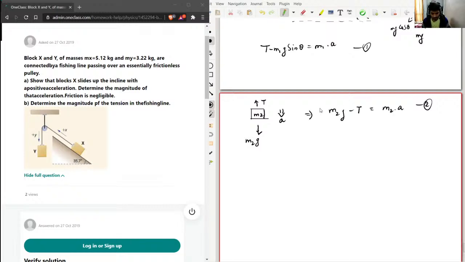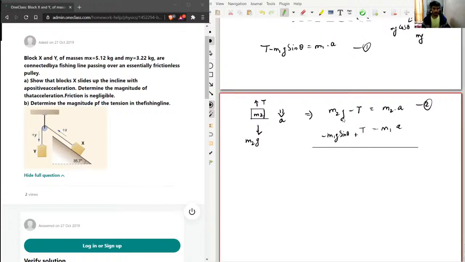So I'll just solve equations 1 and 2. I'll write equation 1 here also. So this will be T minus m1 g sin theta equal to m1 into a.